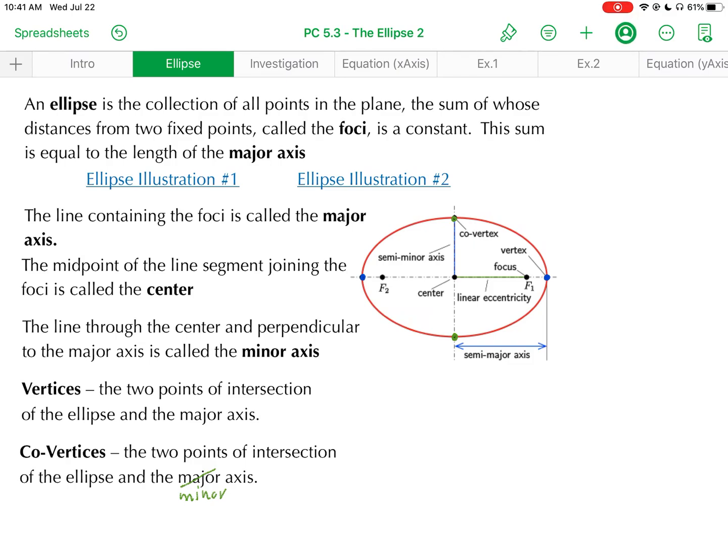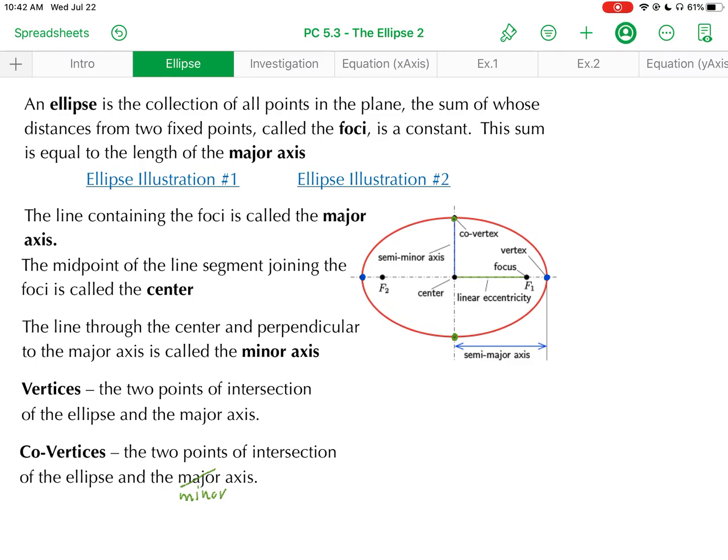You also have linear eccentricity, which is defined to be the distance from the center to either of your focus points.